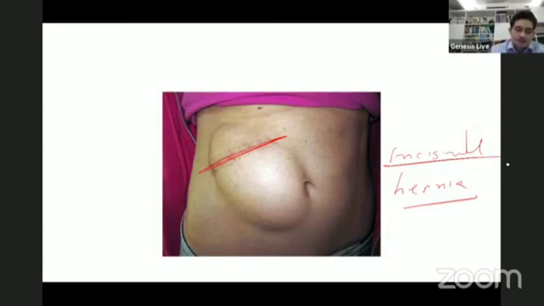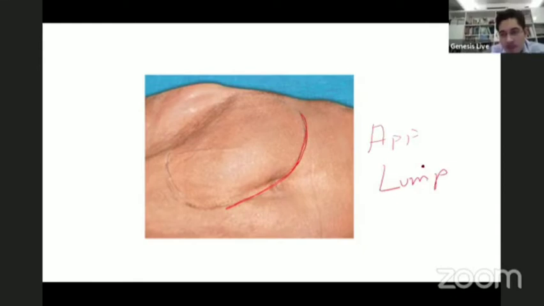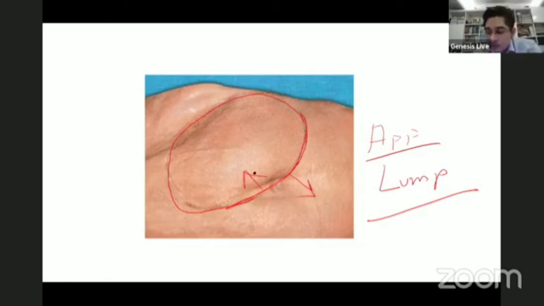Okay. Now, remember, sometimes in your ward finals, you will get a case with some markings like this. Now, this is a marking which shows this is an appendicular lump. Why? What we are doing here, we are trying to see whether the lump is increasing or decreasing in size with conservative treatment.